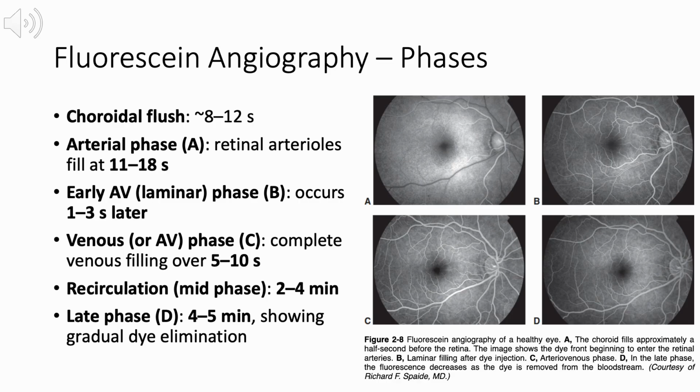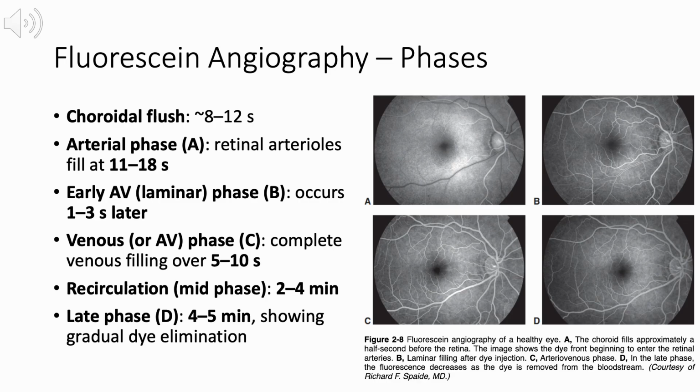After dye injection, fluorescein angiography progresses through a predictable sequence of phases that reflect retinal and choroidal blood flow over time. The first phase is the choroidal flush, which occurs approximately 8 to 12 seconds after injection and represents filling of the choroidal circulation, seen in Figure A. This is followed by the arterial phase, during which the retinal arterioles begin to fill, typically between 11 and 18 seconds after injection.